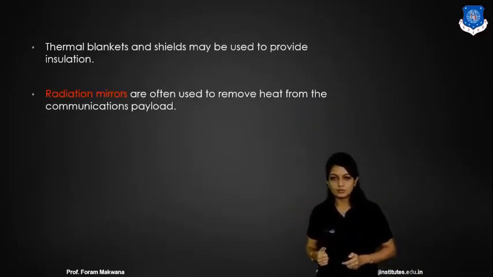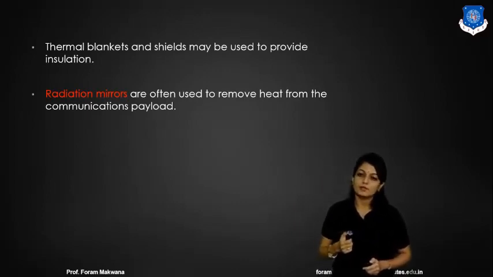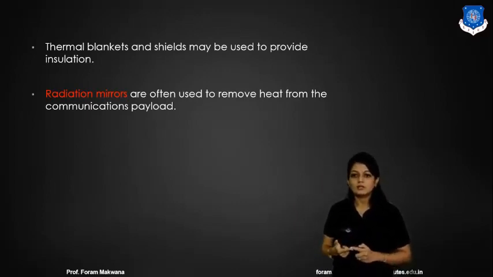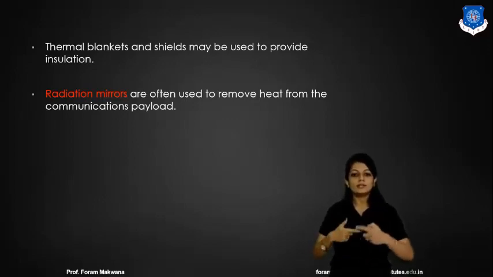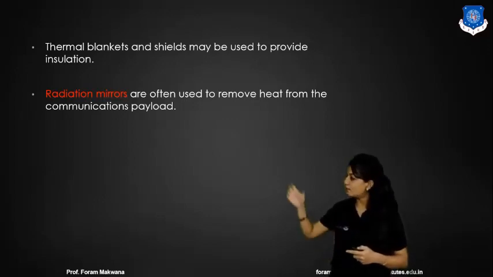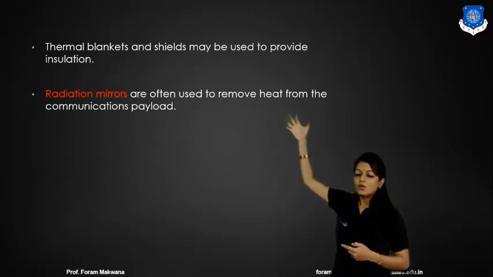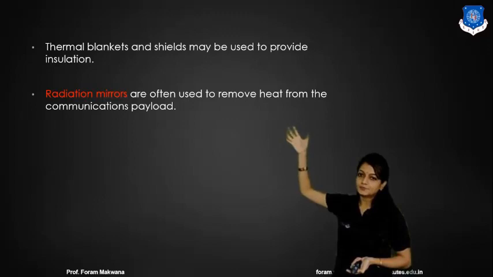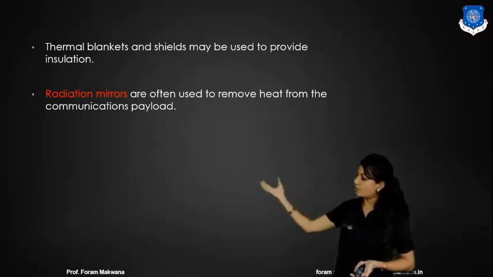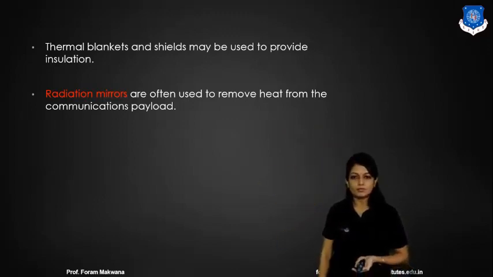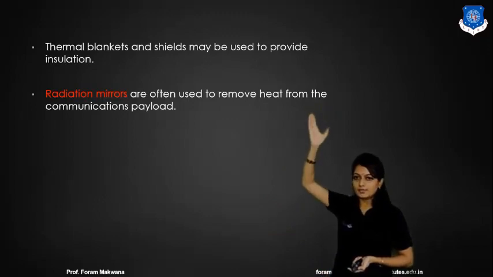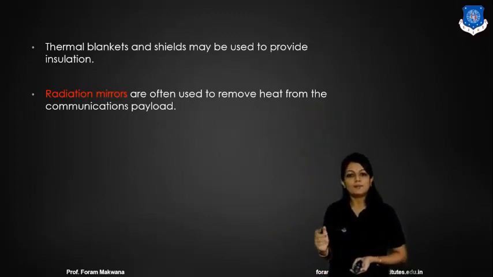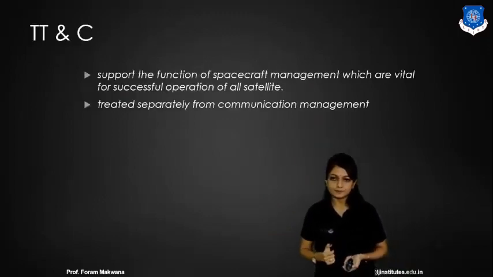What can we use? We can use thermal blankets and sheets to provide insulation, and we can use radiators to remove the heat from the communication field. Alright? These are the ways that we can control the temperature of the satellite.